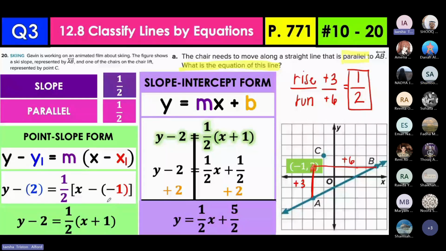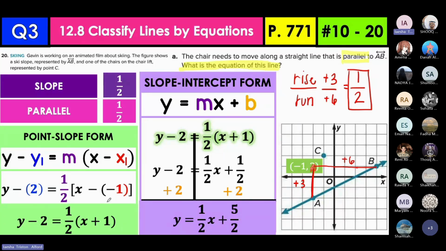The equation has to be in slope-intercept form. Miss, yes, you do rise over run, but it's close to 3/6. How did you get 1/2? Put it in the calculator. You get 1/2? Yes. Fine.